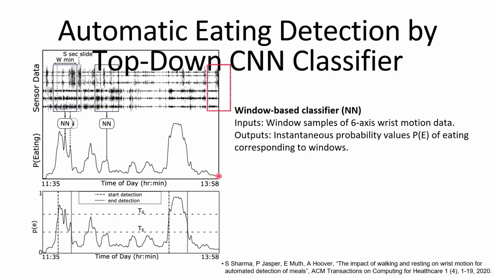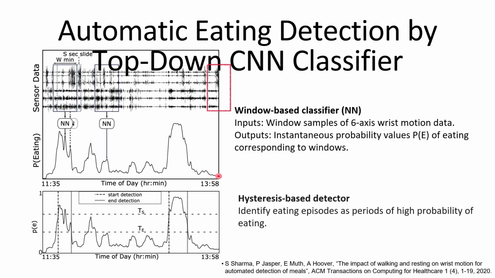Once we have the sequence of eating probabilities, we use 2 thresholds to identify the eating episode: a higher threshold to identify the start, and a lower threshold to identify the end.